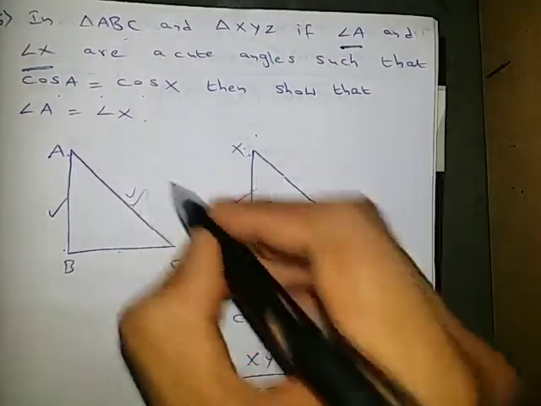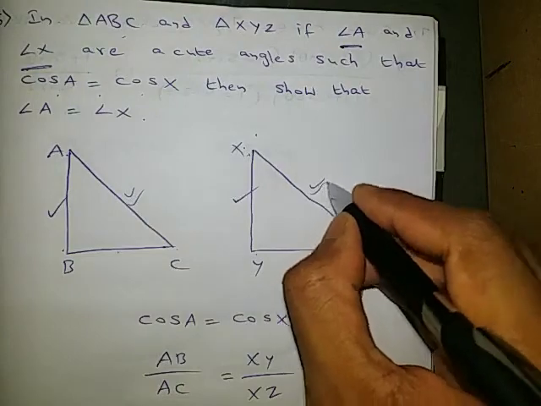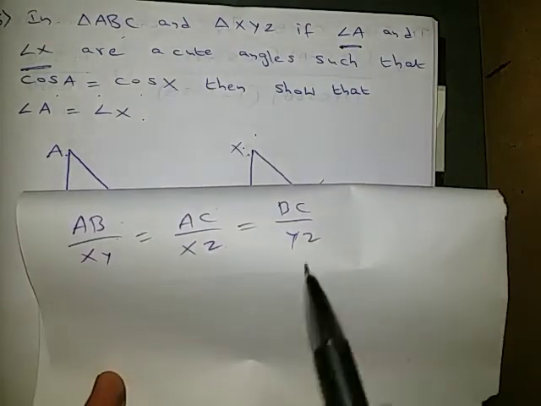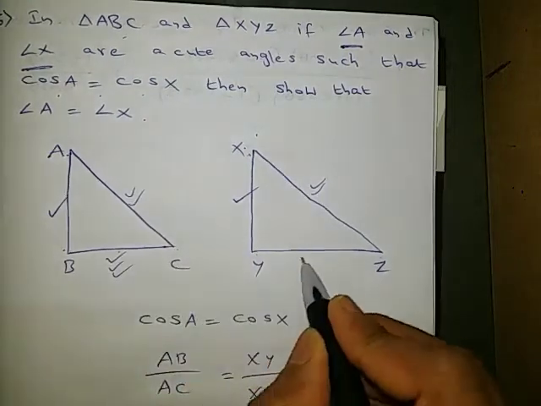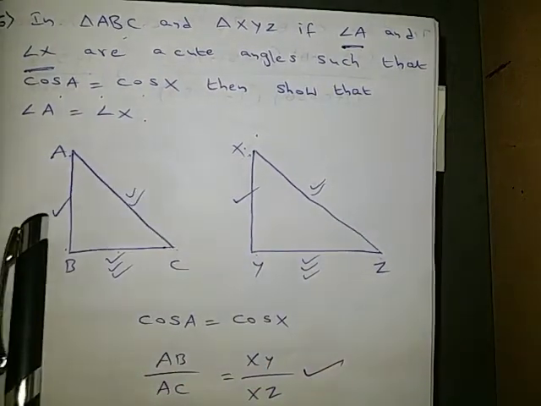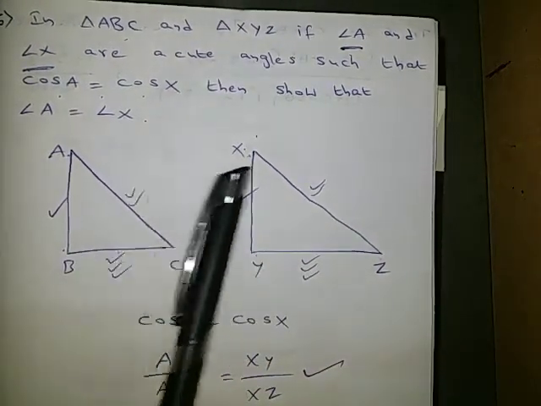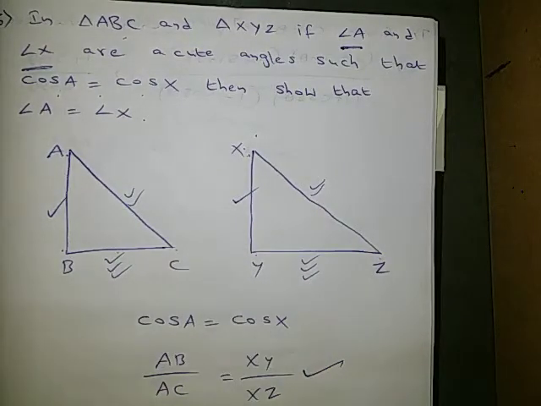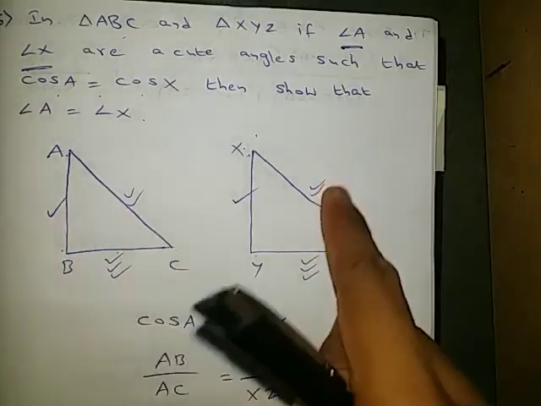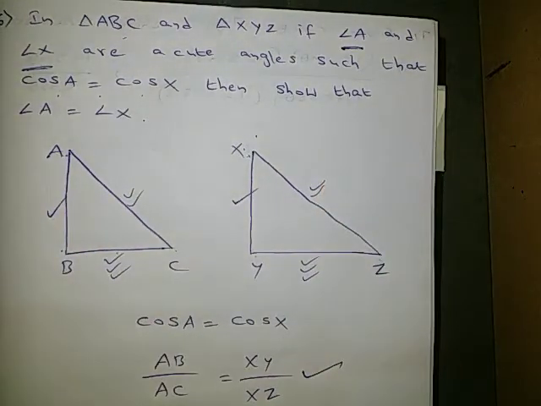AC hypotenuse by XZ hypotenuse is equal to BC by YZ, base divided by base. Left side by left side is equal to hypotenuse by hypotenuse is equal to base by base. It means all the three corresponding sides are in the same ratio.